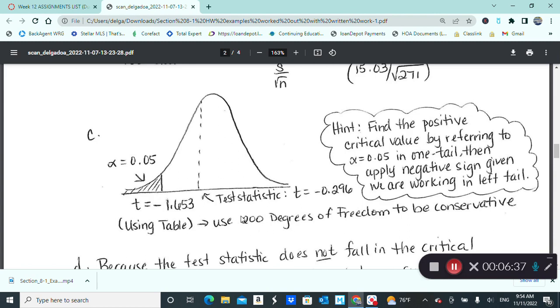So we're going to use 200 degrees of freedom, which is the first available row in our t-distribution table. And then across the top, we're going to find the column that has area in one tail equal to 0.05. And we see that the correct t value is negative 1.653.